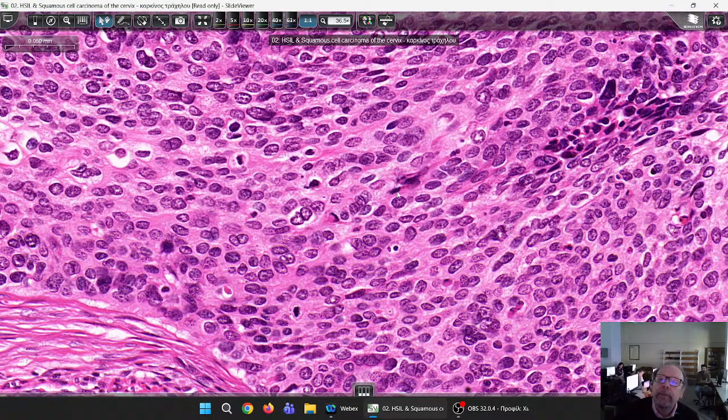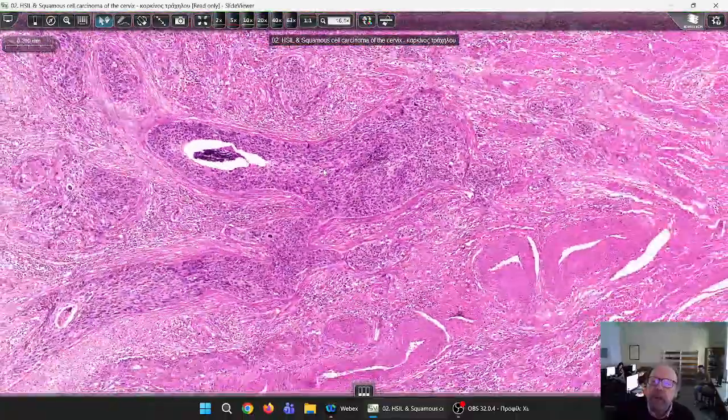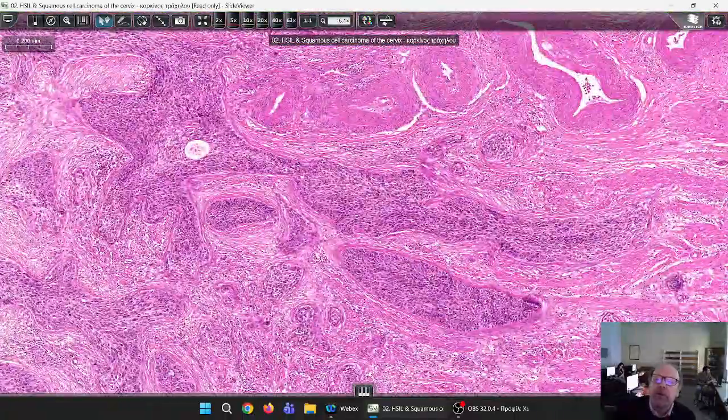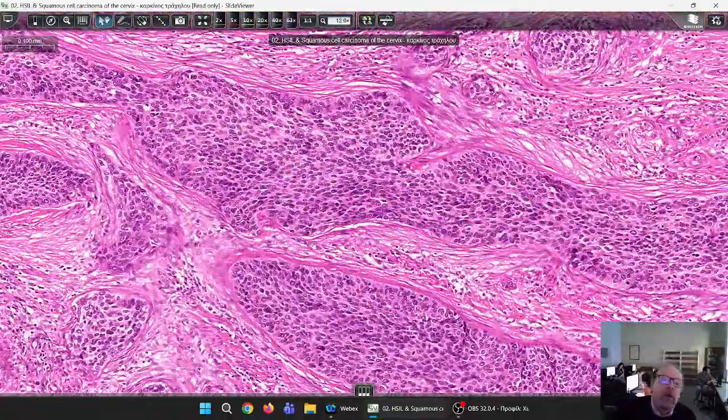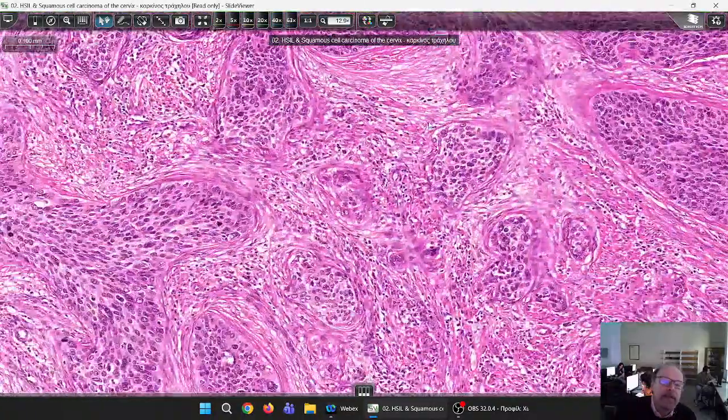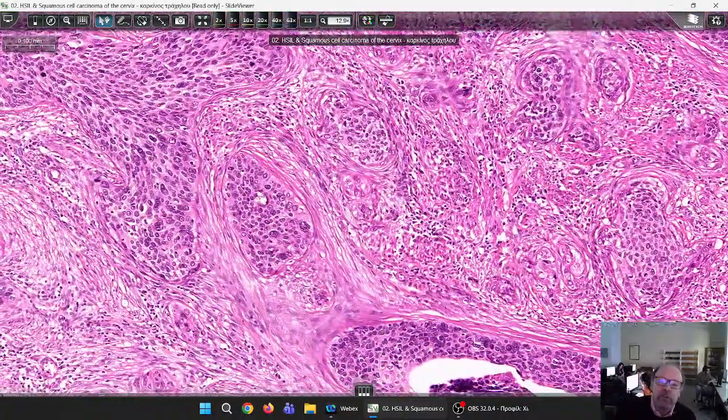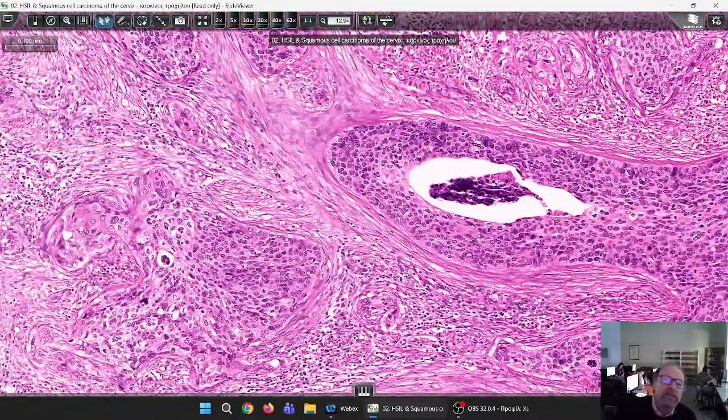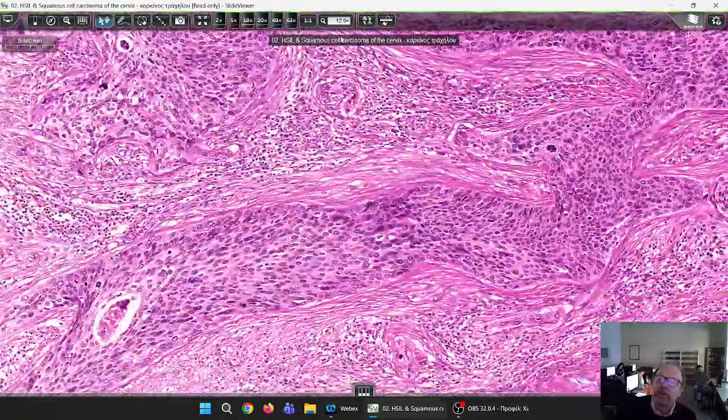Here, here, here, here. What are they? Increased mitosis. Okay. Increased mitotic activity. And there is some degree of pleomorphism, of course. So how can I tell that this is squamous carcinoma? Okay, there are some solid formations.